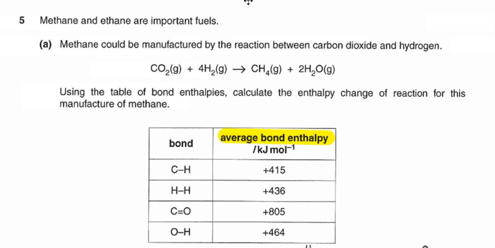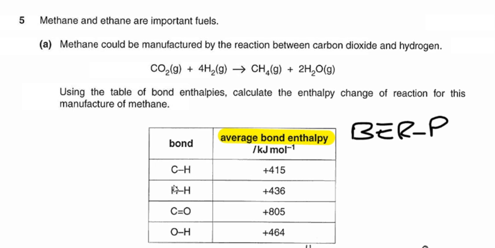So we've got what we call a BERP calculation. So bond enthalpy, reactants minus products. The key thing with bond enthalpy calculations is they're actually quite nice. It's just adding things up and taking them away.